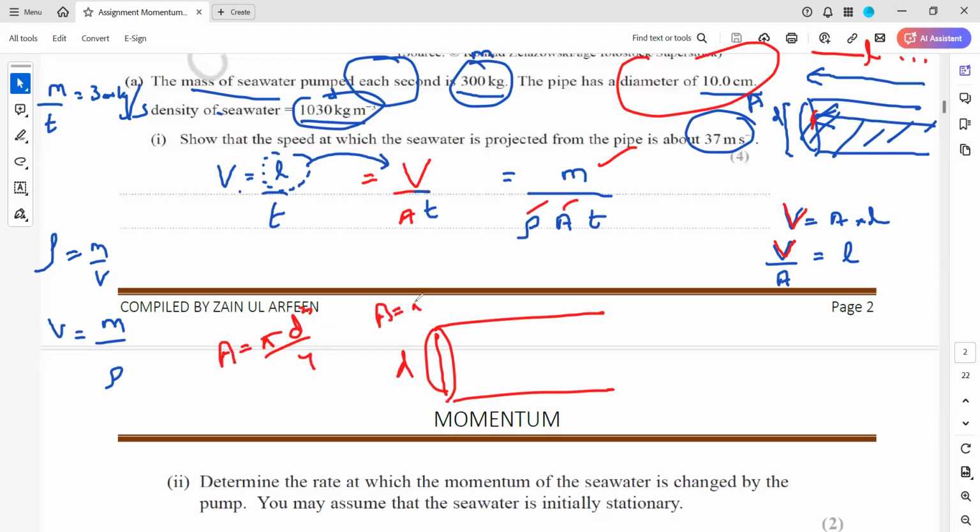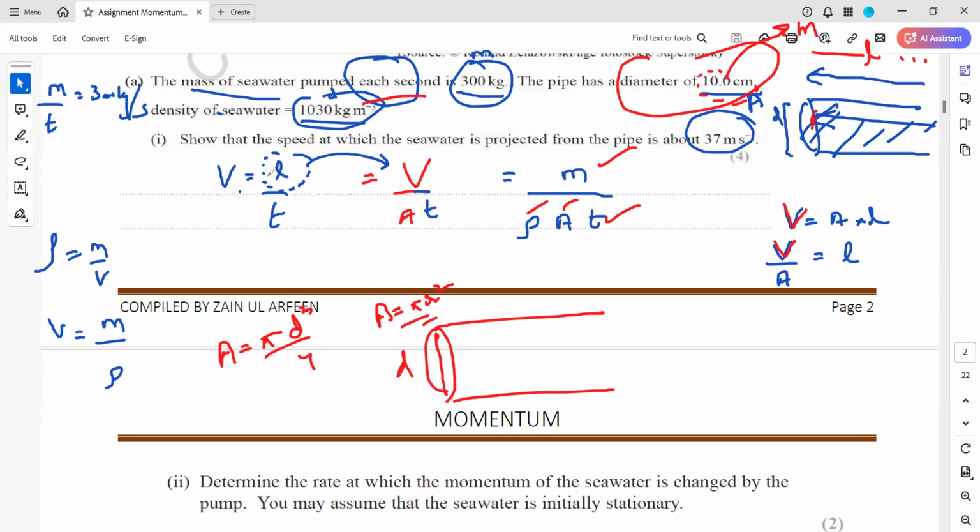If I have the radius, I will use pi r square. I can just divide the diameter by 2 and use this formula. But keep one thing in mind, this is given in centimeters, so I have to convert into meters. So time is 1 second, each second is there. So we have the mass, we'll get the area and the density. So we'll work out the speed or the velocity at which this water is coming out from the pipe.